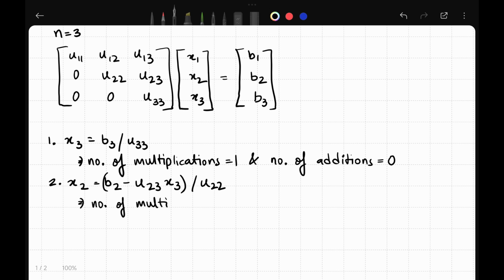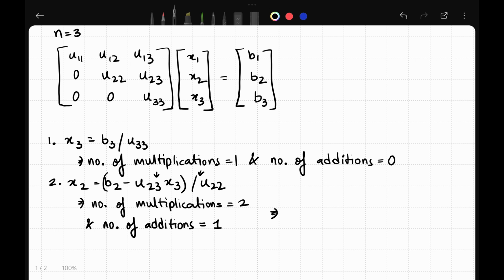So now for this case, the number of multiplications will be 2, because there is one right here and the division that we are considering here. And the number of additions, again I'm considering addition and subtraction to be the same thing, is 1, right?